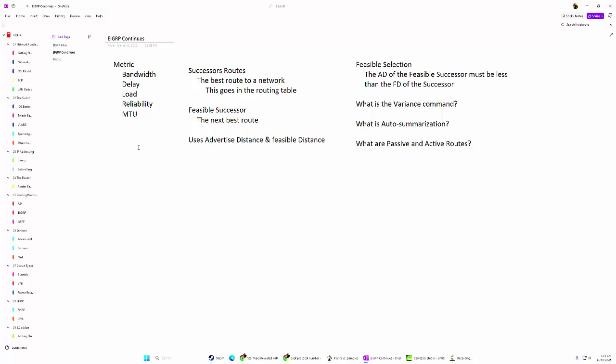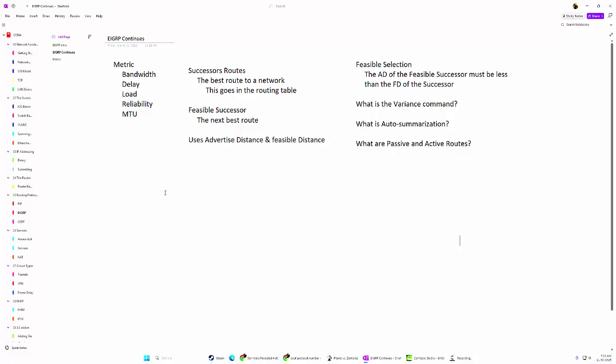A router's K values are their K values. The only way you can change that is to go into an autonomous system, meaning that one router will have to have multiple autonomous systems in order to have different K values. All right, something I've never done before, so maybe we'll do a lab on one of those one day.